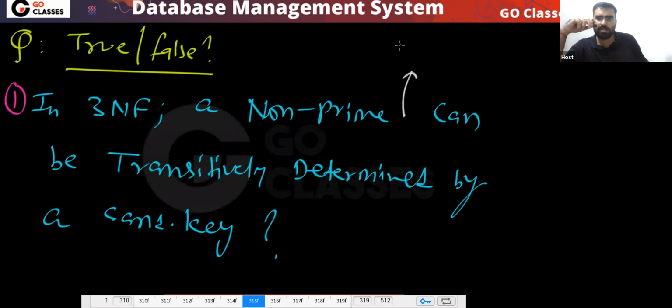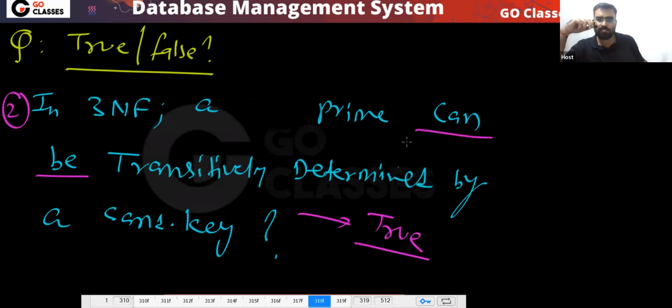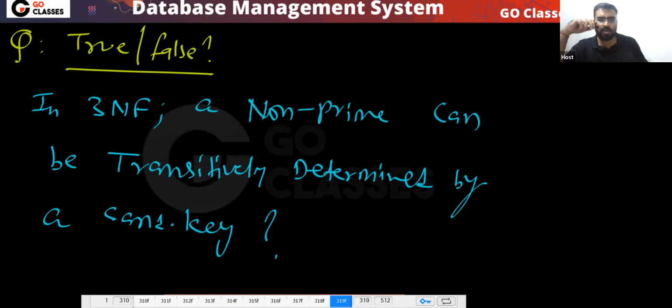A prime attribute can be transitively dependent. There is no problem. Okay, let's see the third statement.